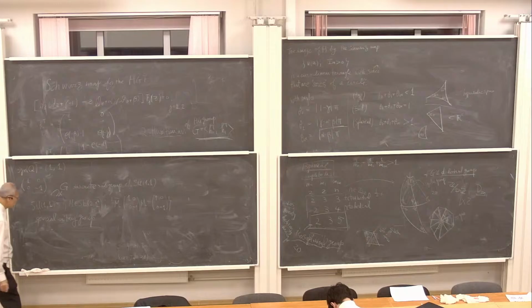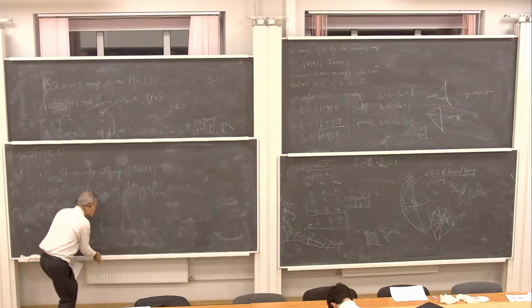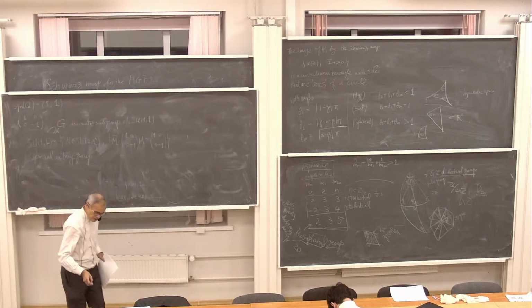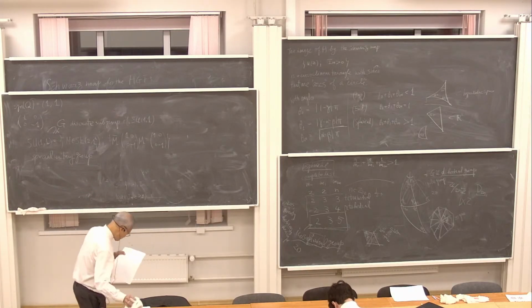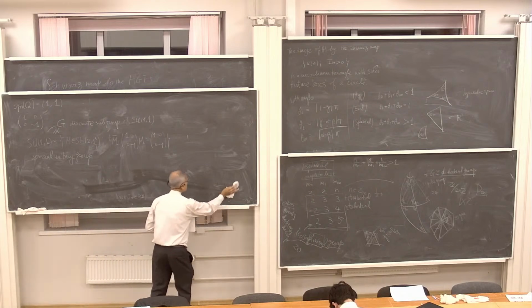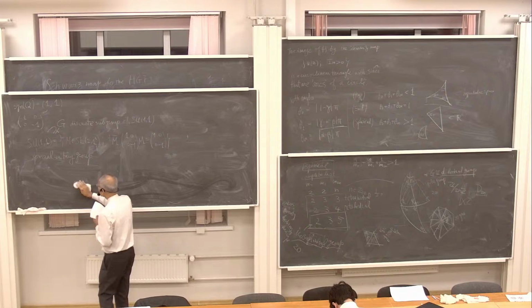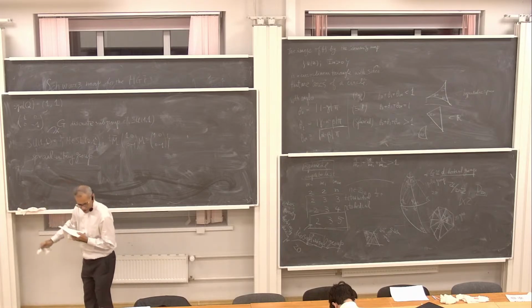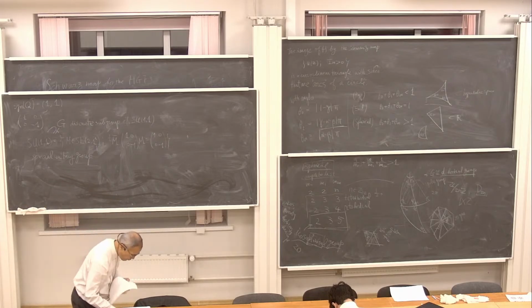Now, the proposition that I want to use further is the following on this special unitary group. There is a so-called real form.